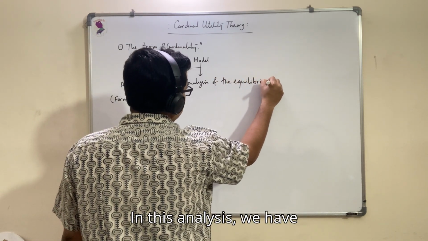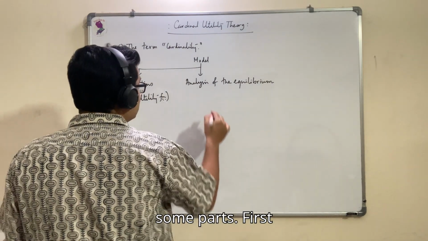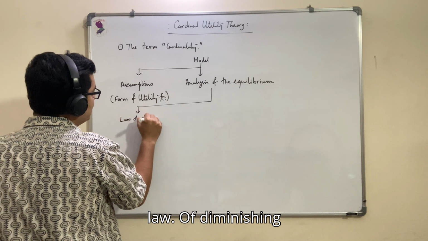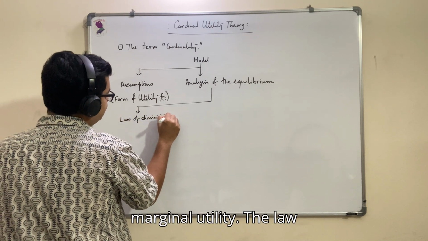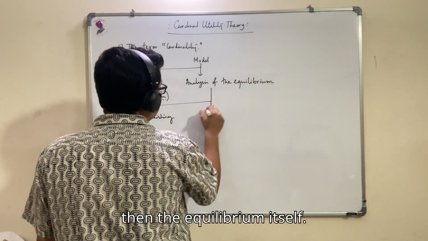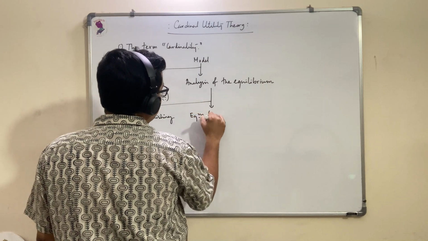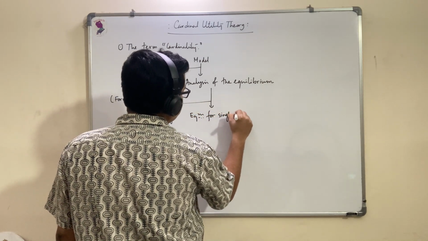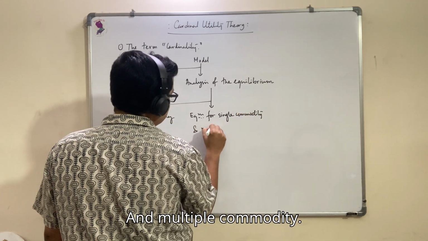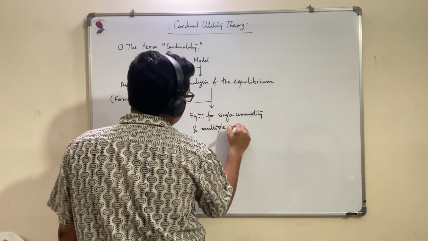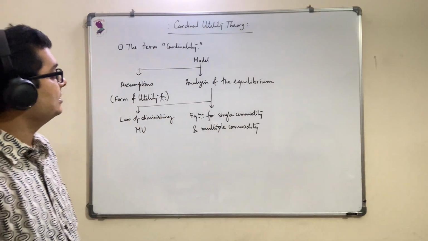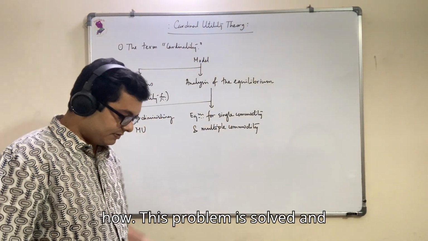In this analysis, we have some parts. First, the law of diminishing marginal utility, the law of diminishing MU. Then the equilibrium itself for single commodity and multiple commodity. We will solve a problem involving two commodities to understand how this problem is solved.